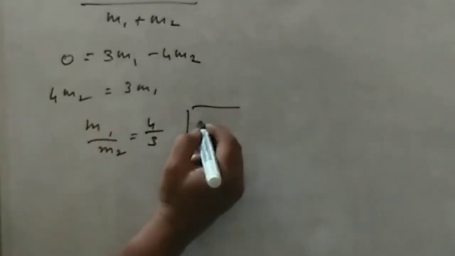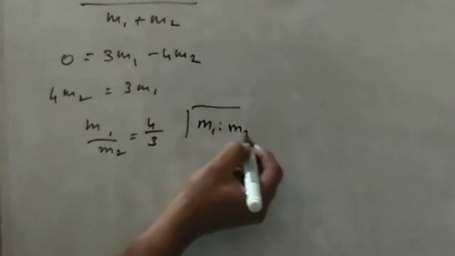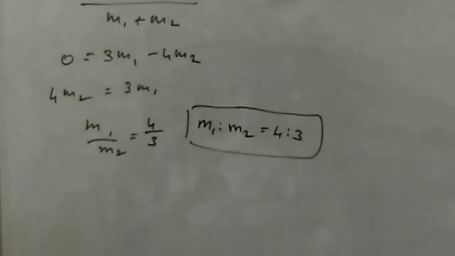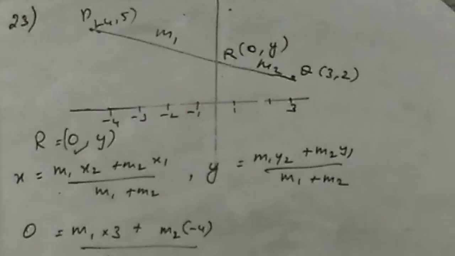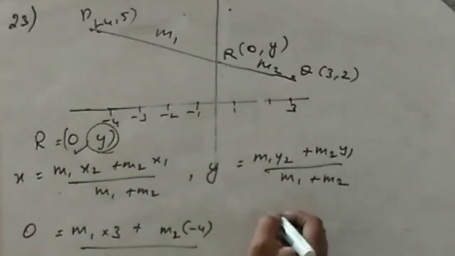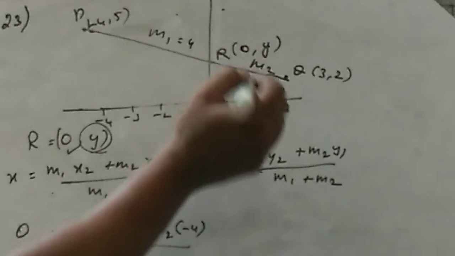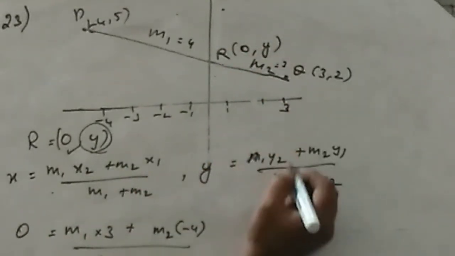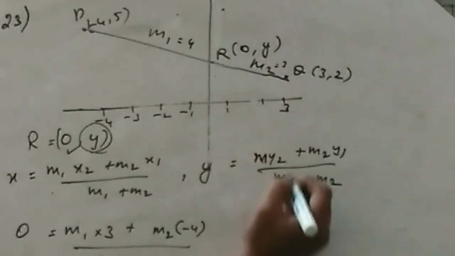Clear? M1:M2 is 4:3. You got it. Now they ask you to find the Y value. So put here 4 and here 3. Now see, Y is equal to, take it.